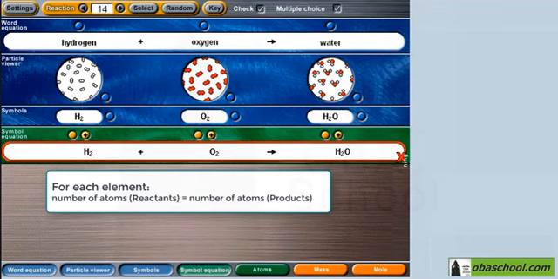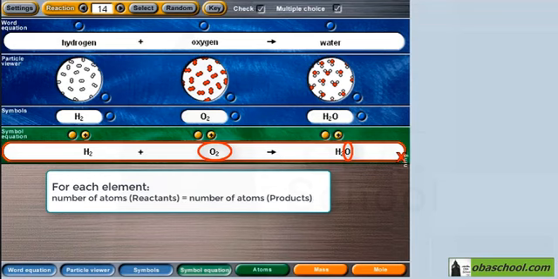As for oxygen, the number of oxygen atoms in the reactants is 2 because we have O2 in the reactants. But how many oxygen atoms do we have in the products? Well, we have only 1 oxygen atom in H2O.